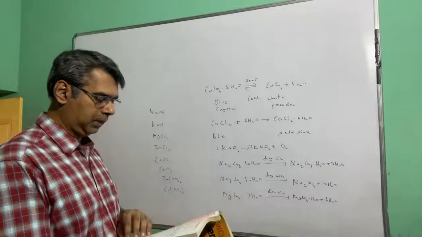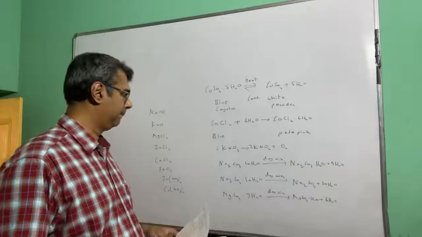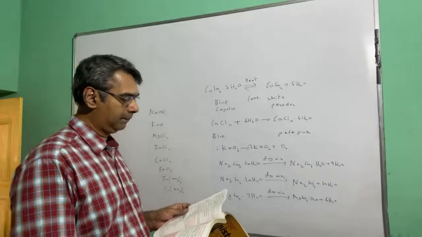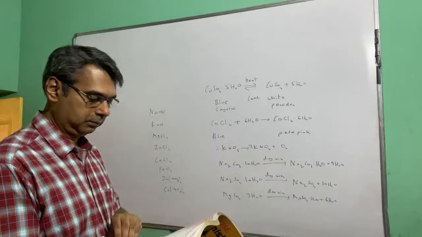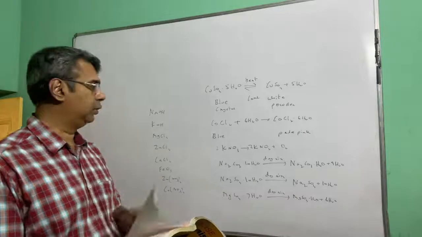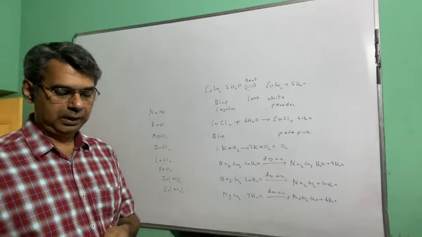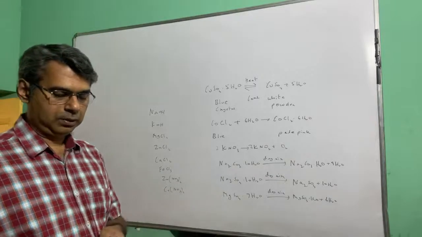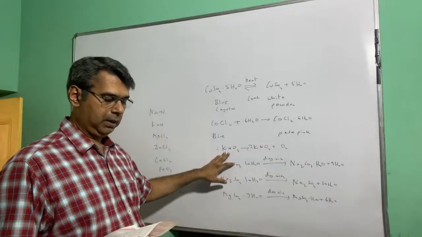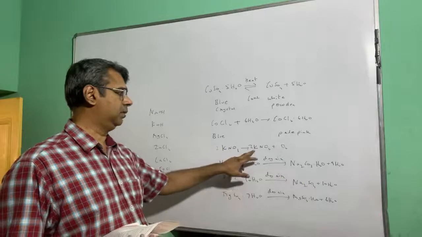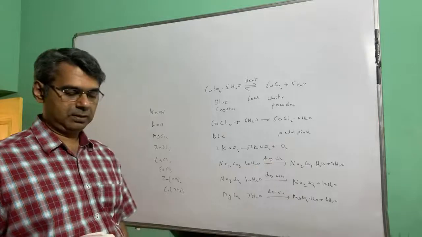Now the thing is that, if you take another crystal, potassium nitrate, on heating potassium nitrate you will get a colorless liquid KNO2 and you will get oxygen gas, right?